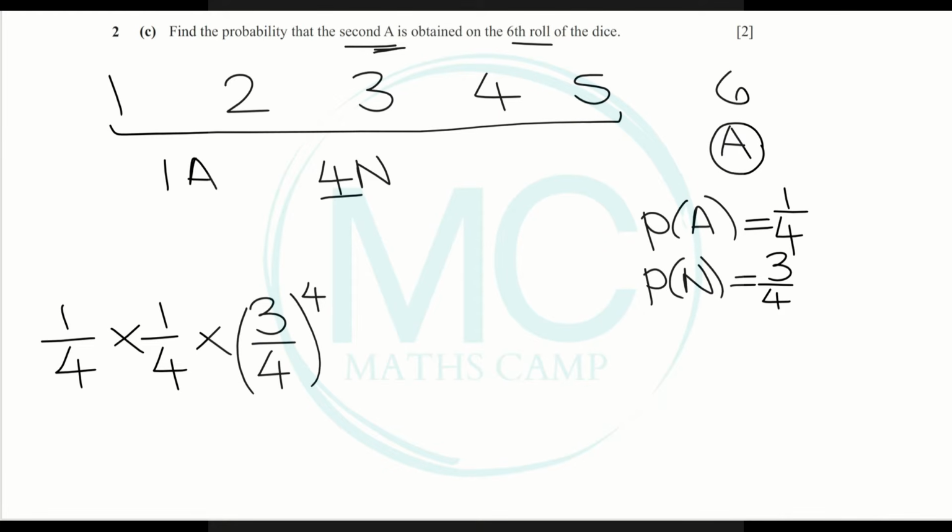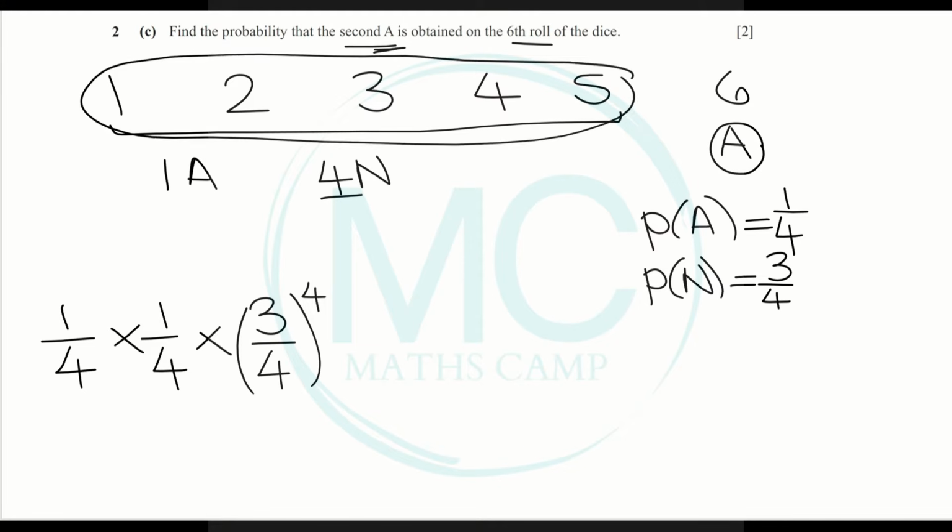But we do not know when the A occurred in the first 5 rolls. Was it first, second, third, fourth, or fifth? So to account for this, we multiply by 5.